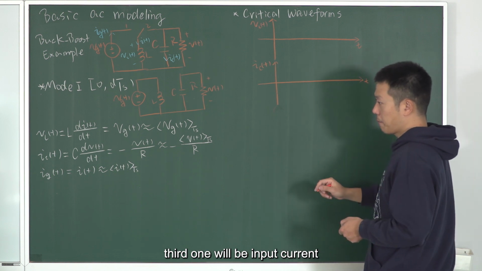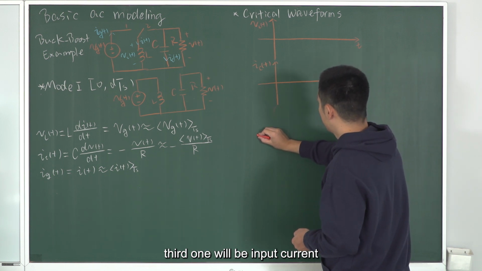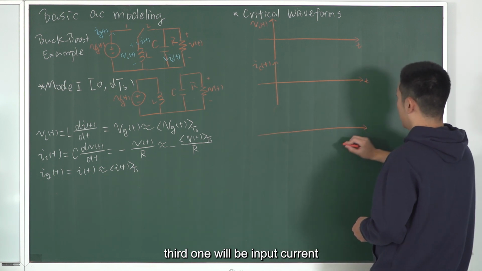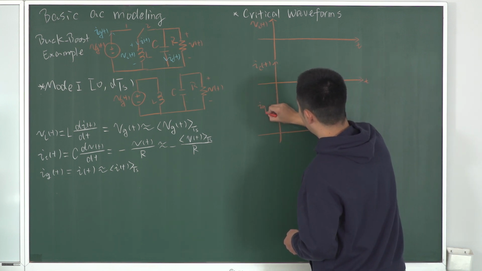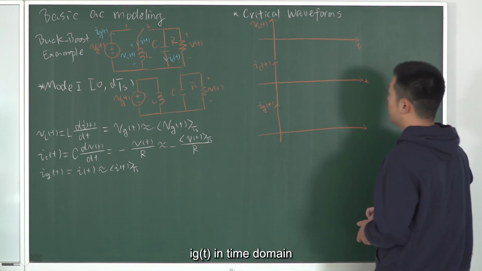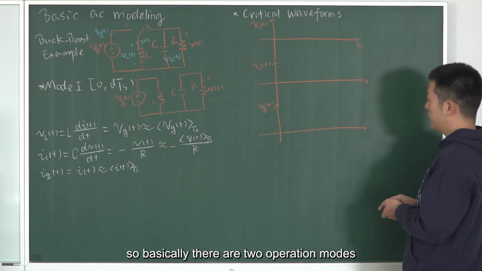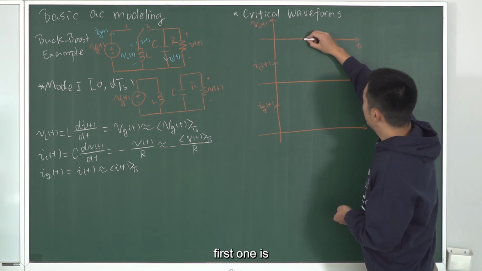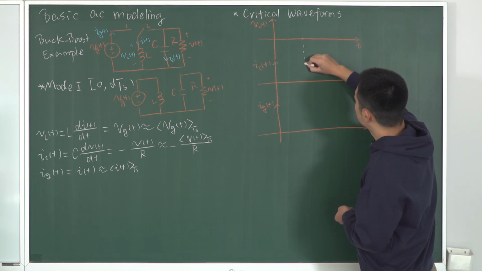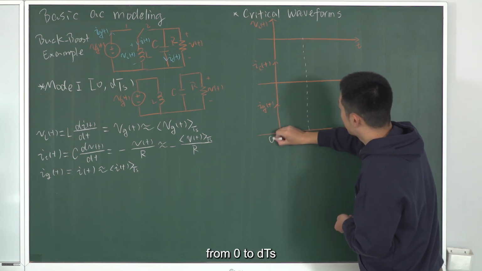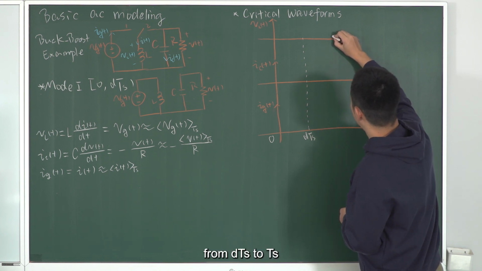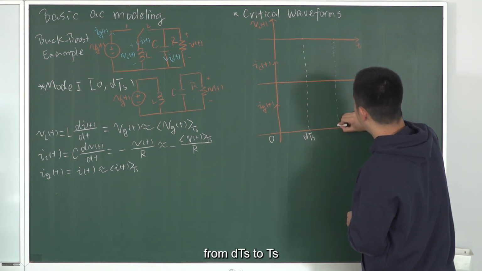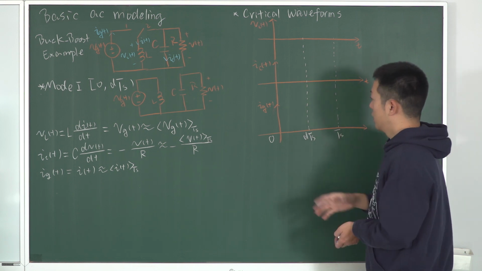Third one will be the input current, ig(t), in the time domain. Basically there are two operation modes: the first one is from 0 to dTs, and the second one is from dTs to Ts.